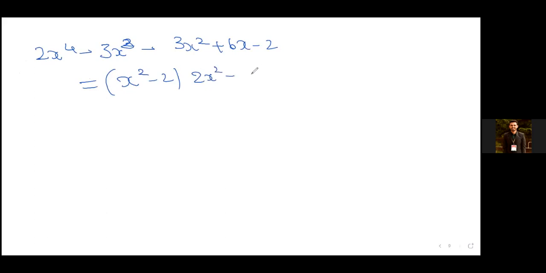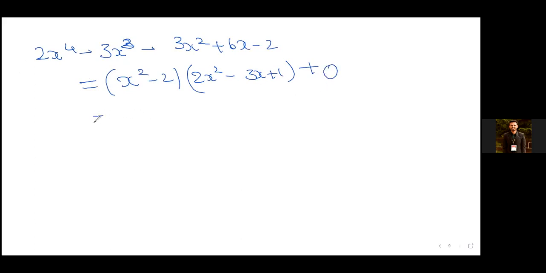This term 2x to the power 4 minus 3x cube minus 3x square plus 6x minus 2 can be written as x square minus 2, that is the divisor, into the quotient 2x square minus 3x plus 1 plus the remainder.